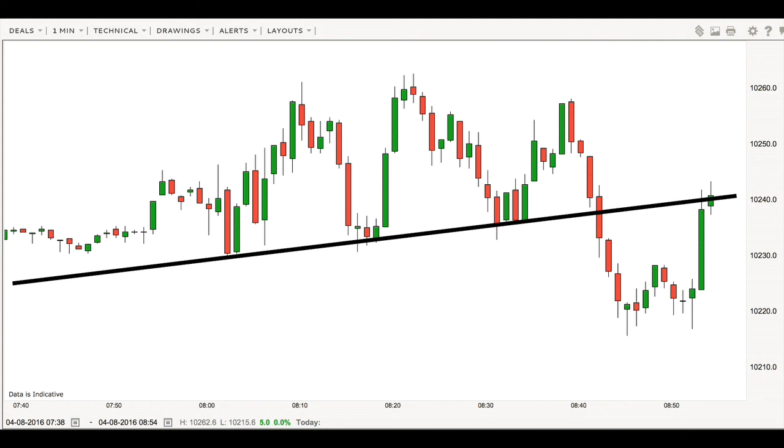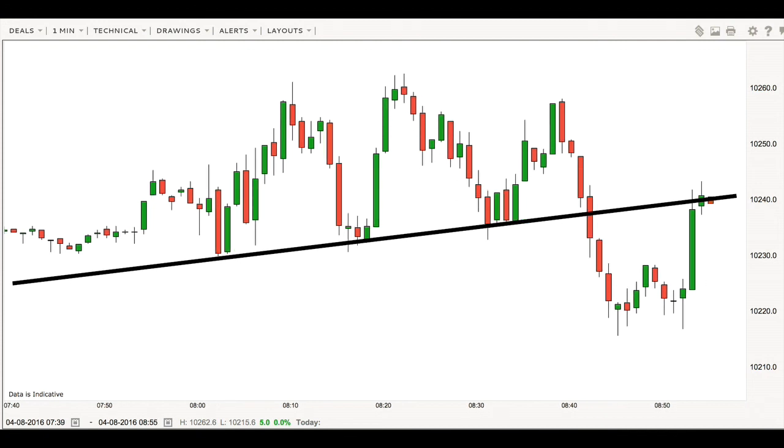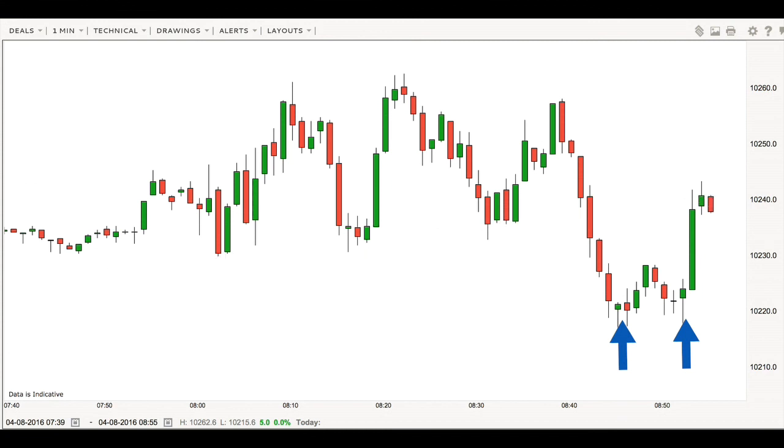You can see at the bottom again, a double bottom. And people traded that because price shot up. When price went above the middle dip of the double bottom, price shot up.